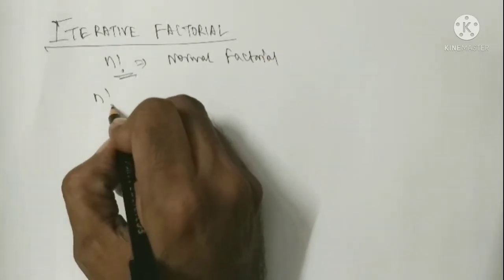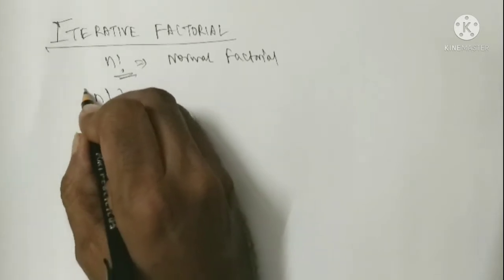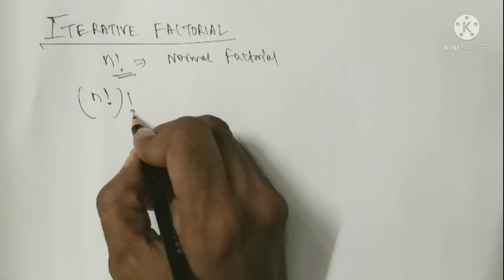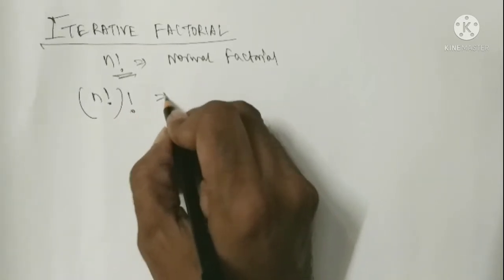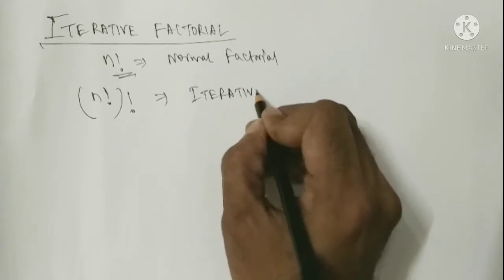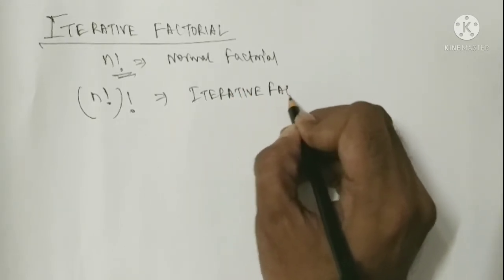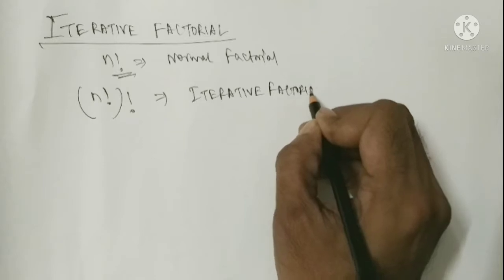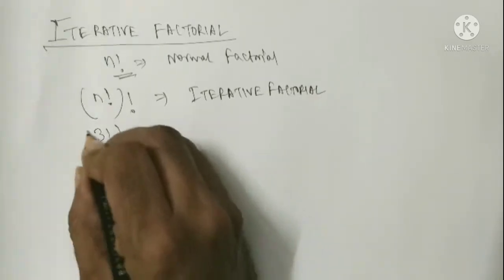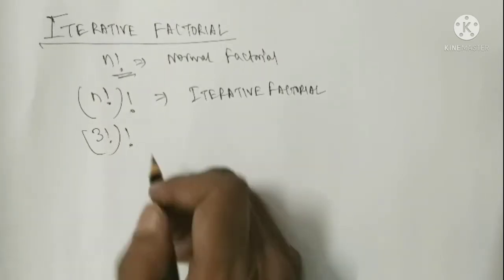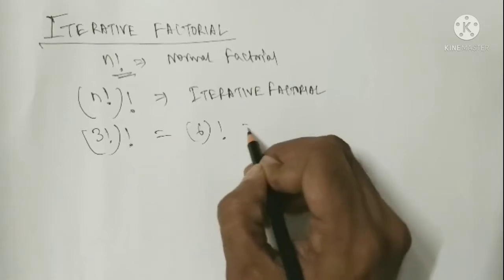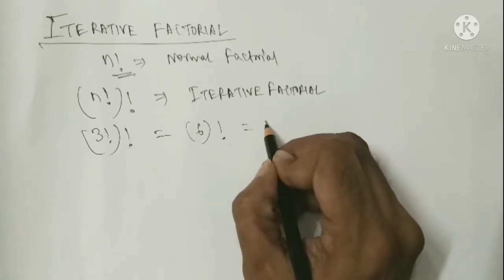But whenever after calculating n factorial, again we impose factorial beside n factorial, then this is called iterative factorial. Very interesting. If I consider 3 factorial iterative factorial, then actually 3 factorial means 6, and that is 6 factorial, that is 6 factorial means 720.